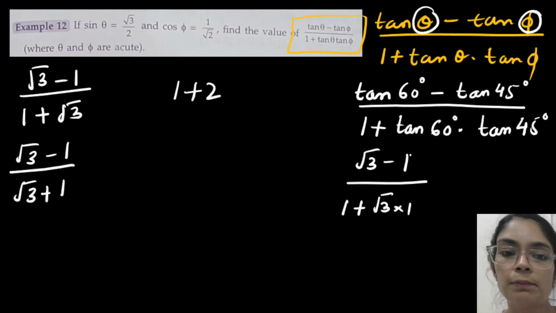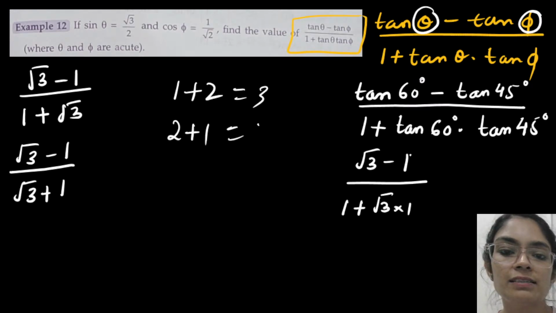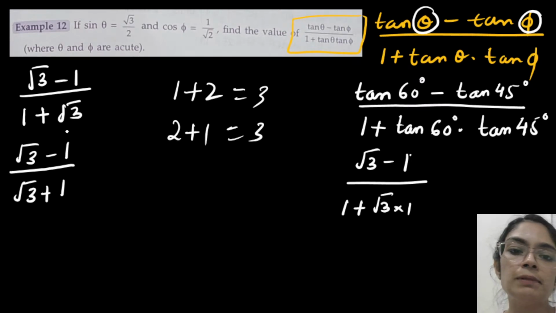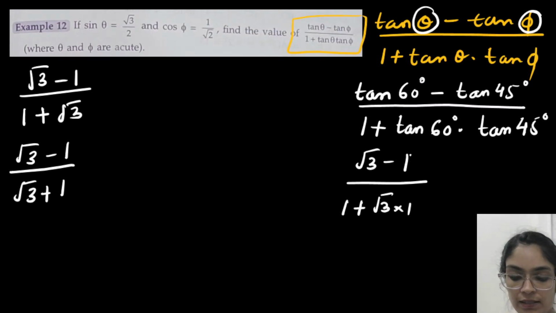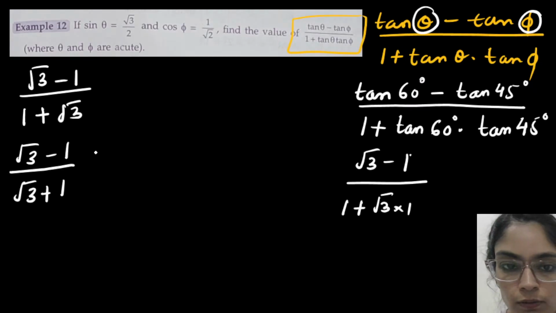If I have 1 plus 2, I can also write it as 2 plus 1. So both the answers are the same. That's why 1 plus root 3 I have written as root 3 plus 1. Only the way of writing I have changed. So now Madhusudan has given the final answer also. Let's see. So I'm just going to rationalize it.